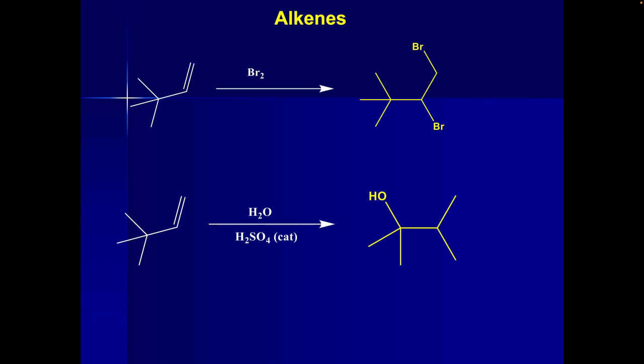You're on the right track. Where did I add a line? Adding a line would suggest that I added a carbon somehow. Did I change the number of carbons? I didn't add any carbons, right? But you're getting at the right point.